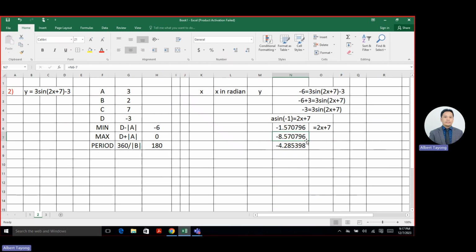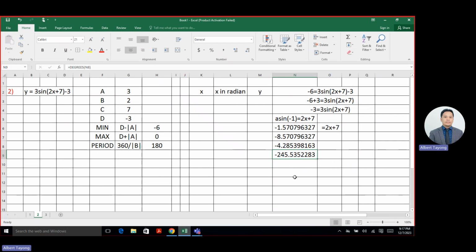So again, we have here negative 1.5 something minus 7, and then we divide by 2 to solve our x. So this in degrees, all right, negative 245.